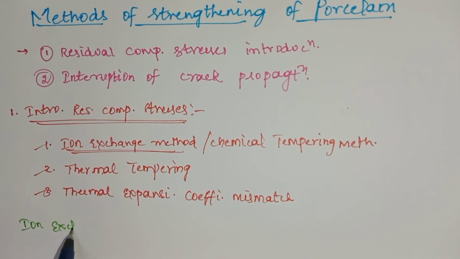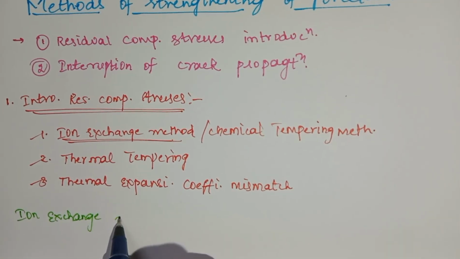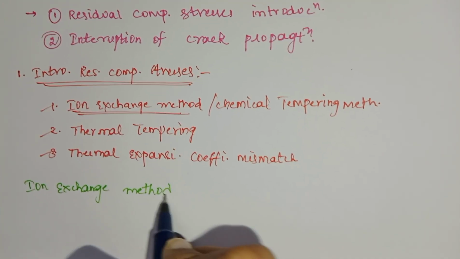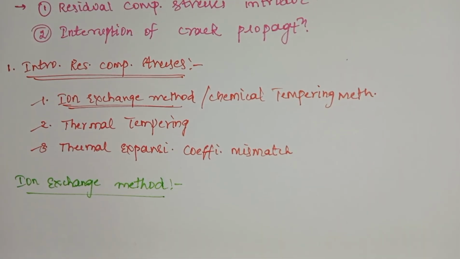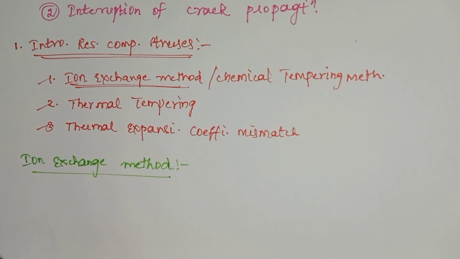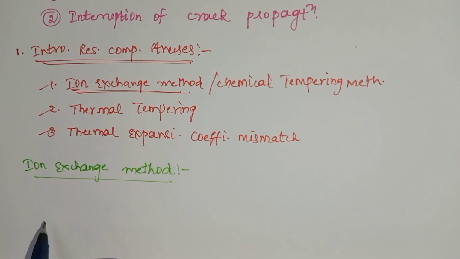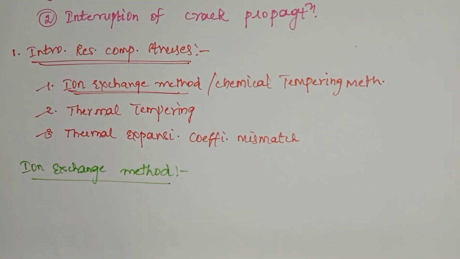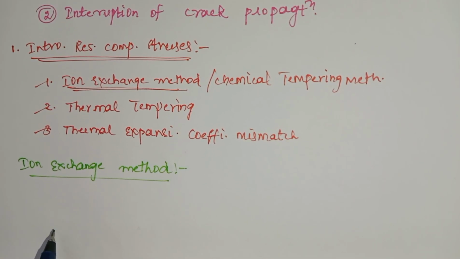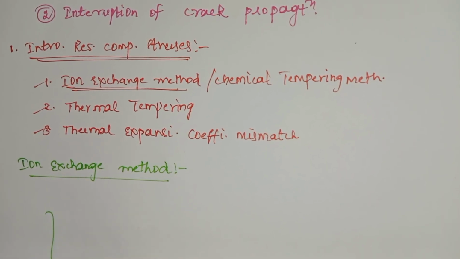Ion exchange method. In this method, first we are introducing the porcelain article. It is immersed in molten potassium nitrate solution.